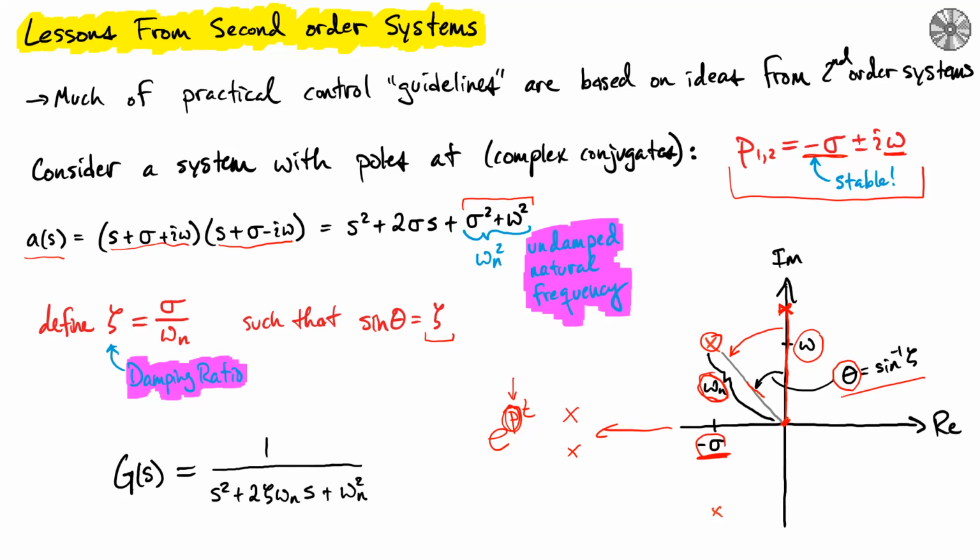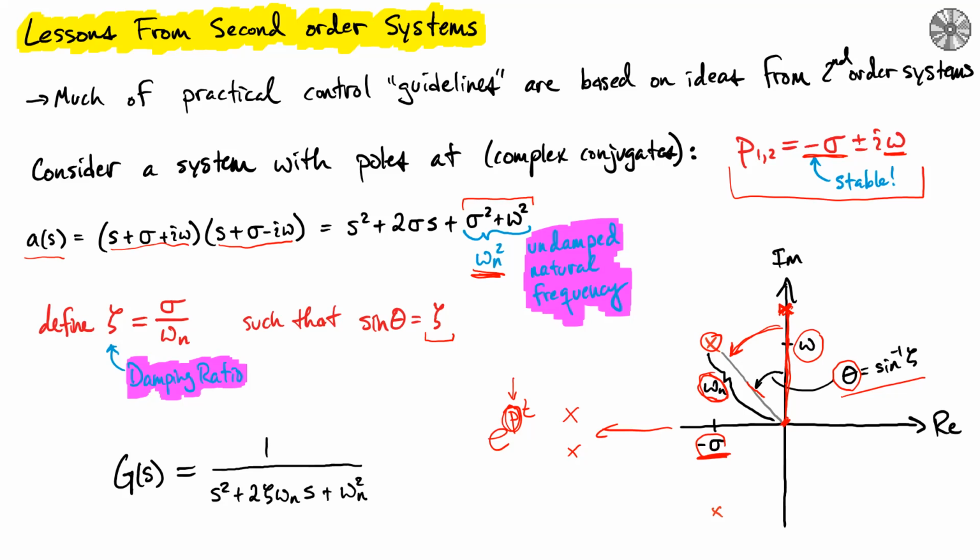And so that's the idea of decomposing this in a different way: we essentially grab out the magnitude, and then we figure out how much we have to rotate that by this zeta in order to place the pole at minus sigma plus or minus j omega. So if we make these definitions, then omega n is simply defined by omega squared plus sigma squared.